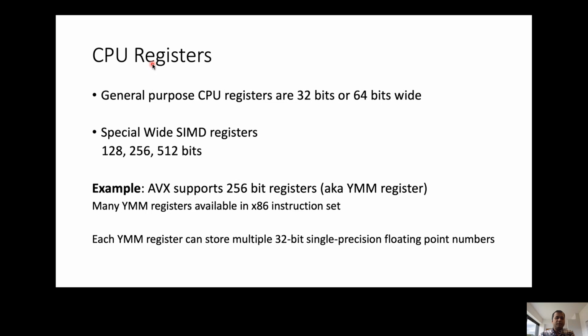Now let's look at CPU registers, because we have to use registers to do any computation, and it's the same thing for scalar type or vector type. So generally, depending on which assembly level language you have studied before, like ARM or any version of ARM, your register may have 32 bits or 64 bits. Right? So these are standard register sizes or widths of the registers.